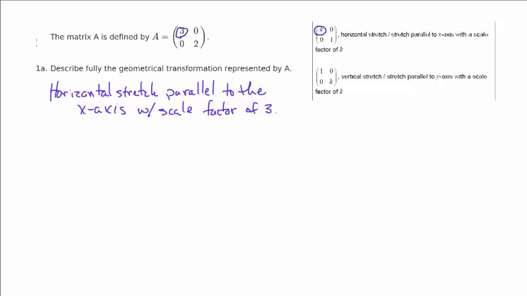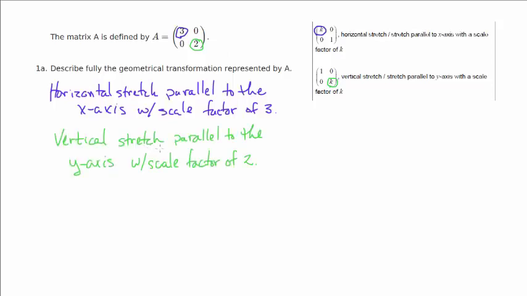Then the 2 corresponds to this lower K. So this matrix actually has 2 transformations, one horizontal but also a vertical, which is a vertical stretch parallel to the x-axis with a scale factor of 2.